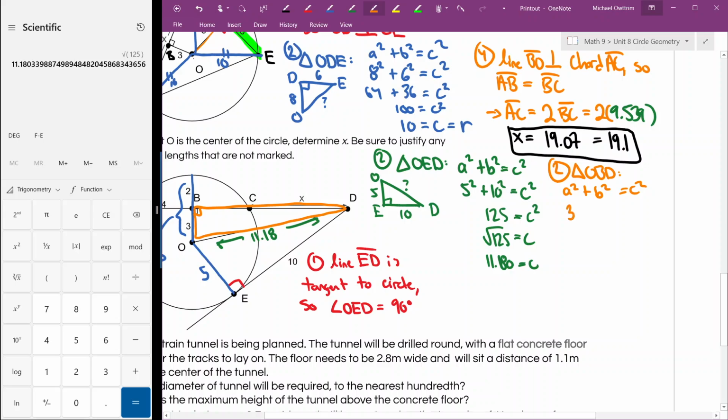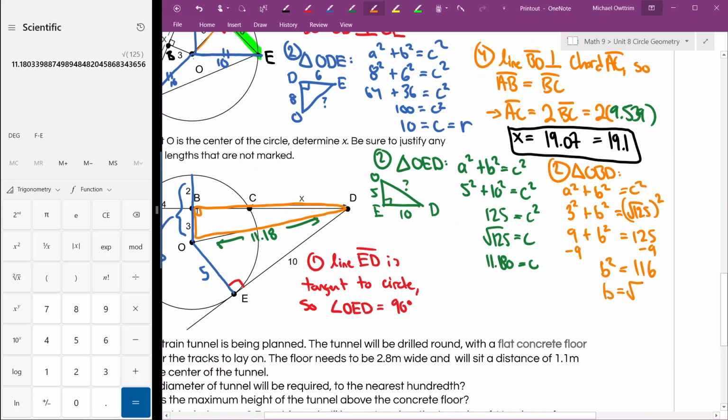A was 3. I don't know what B is. C was about 11.18, but I actually know that that was square root 125. So I'm going to use that exact value there, because when I square that, it just gives me exactly 125, which is the exact correct answer, no rounding. We're going to get b squared is equal to, what, 116?